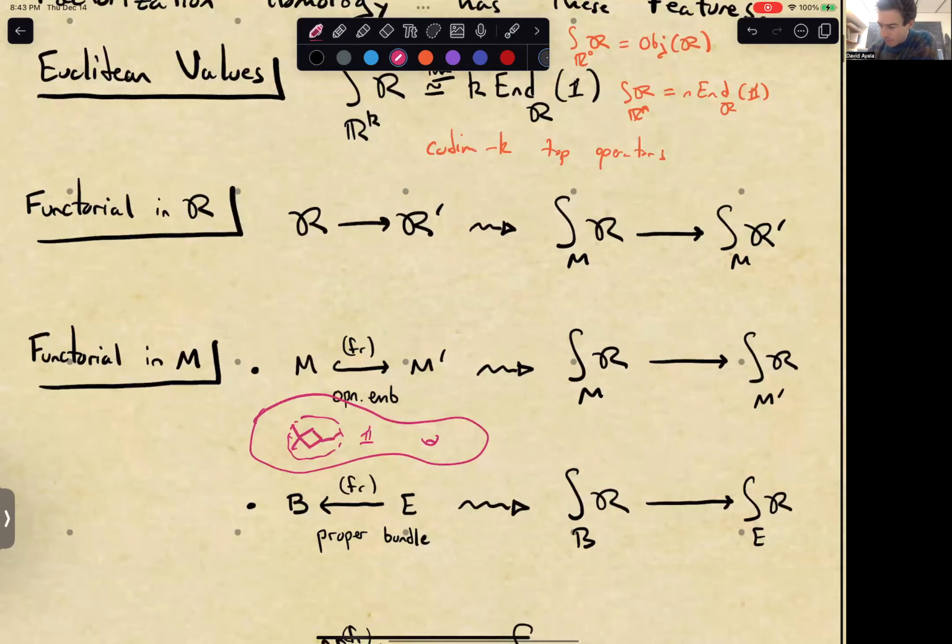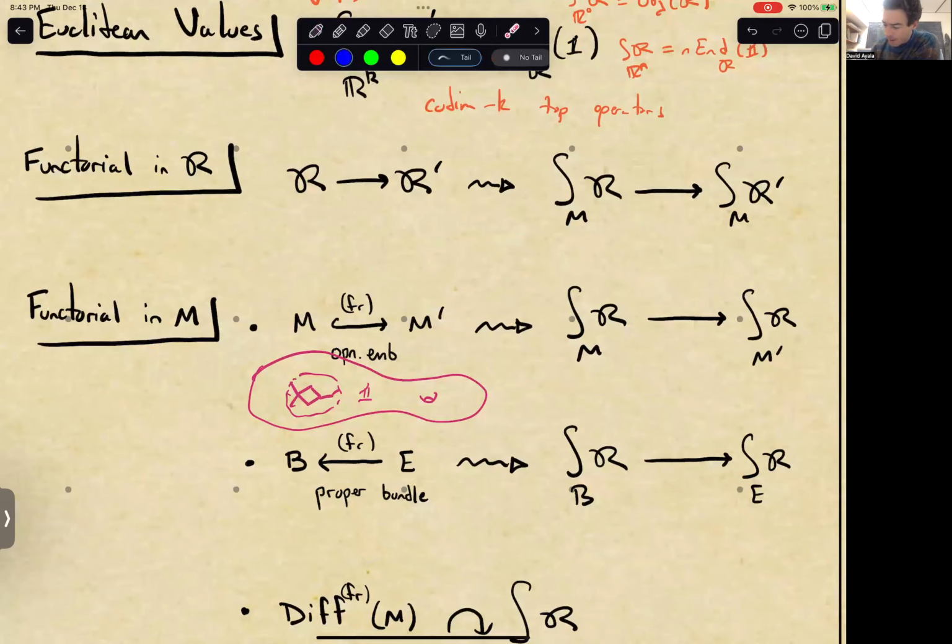Another functoriality is that it's oppositely functorial in proper fiber bundles. Here we're really going to use that we're interested in values where one has dimension often equal to n, whereas the other has dimension strictly less than n.